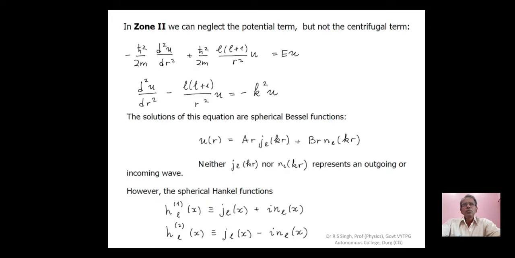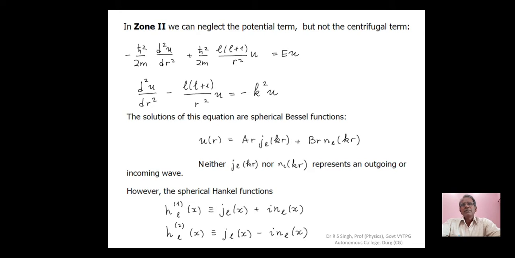In zone 2, we can neglect the potential term and get the solution of the Schrodinger equation as spherical Bessel functions given by u(r) equal to A r j_l(kr) plus B r η_l(kr).